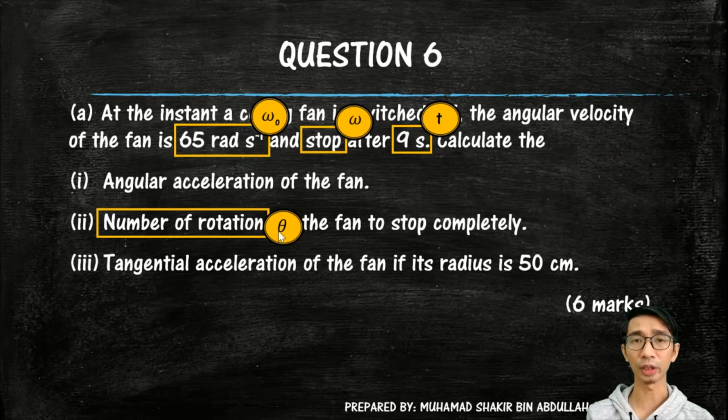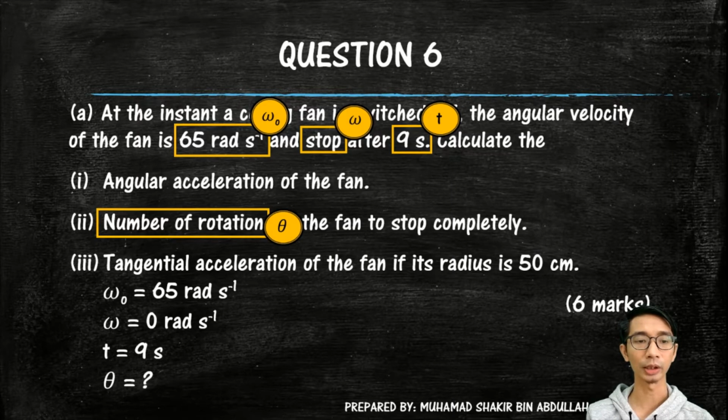But number of rotations is not the SI unit for angular displacement. The SI unit for angular displacement is radian. So first of all, we need to calculate angular displacement in radian, and then convert it into number of rotations. Here we still have the same information.